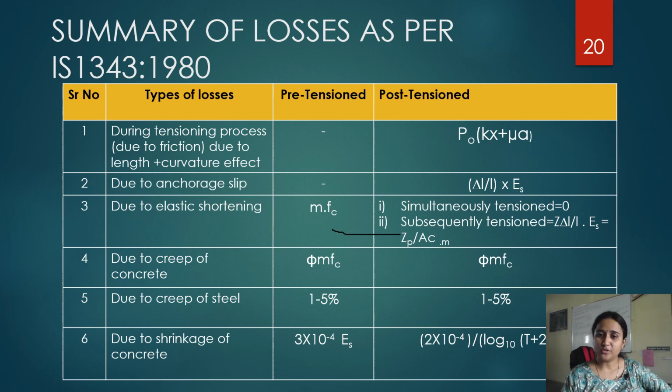Then creep of concrete is phi m fc. Then creep of steel or relaxation of steel is 1 to 5%, in both cases. And loss due to shrinkage of concrete is 3 into 10 raised to minus 4 into ES, and here 2 into 10 raised to minus 4 divided by log to the base 10 (t plus 2), into ES.